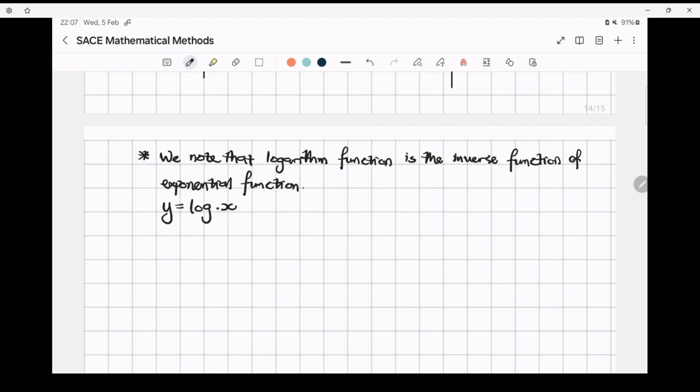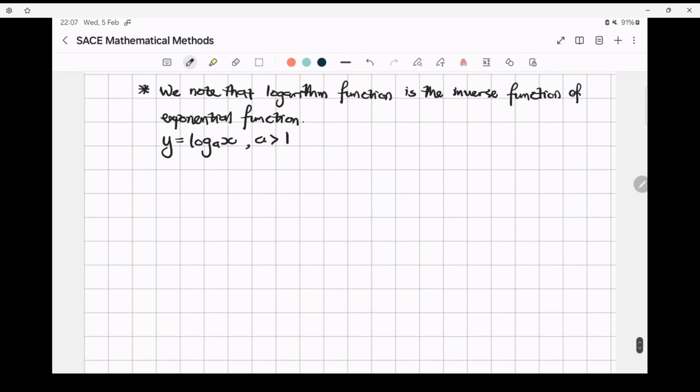So of course you can divide into two graphs. If your a is greater than 1, the graph will look like this. Sorry, let me draw it properly. The graph will look like this.